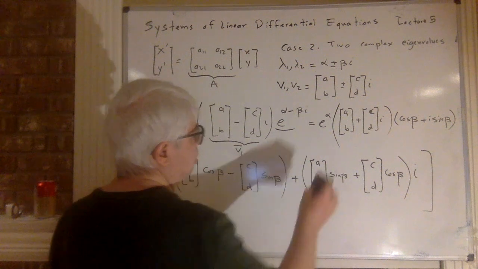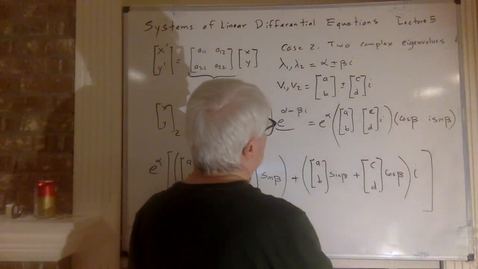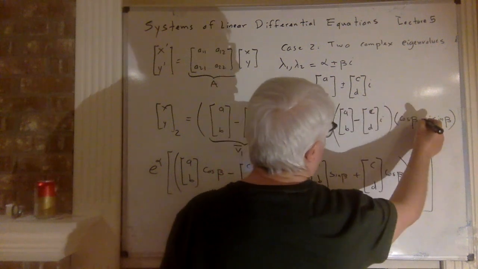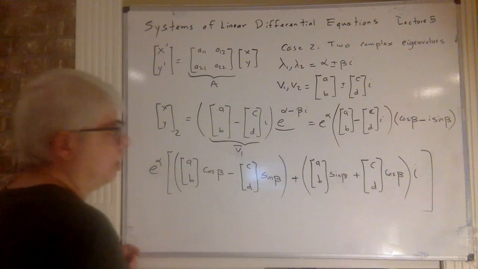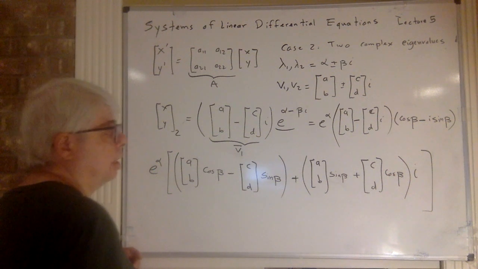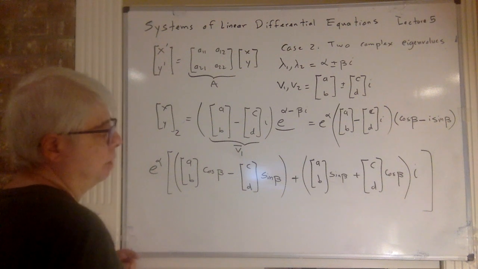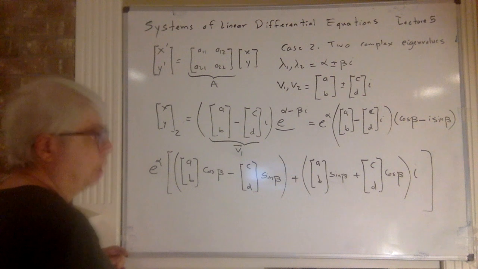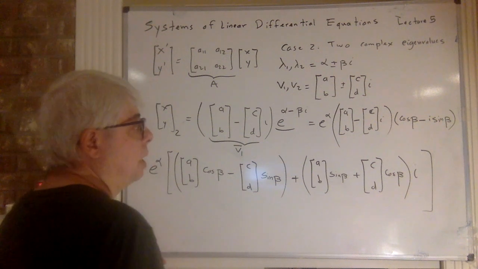I have a minus here, a minus here, a minus here. The same thing happens. So e to power minus beta i is cosine beta plus i sine of minus beta. Cosine minus beta is cosine beta. Sine minus beta is minus sine beta.